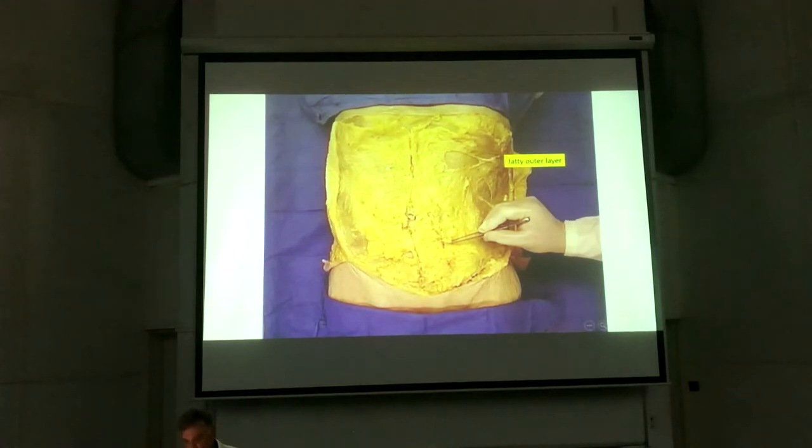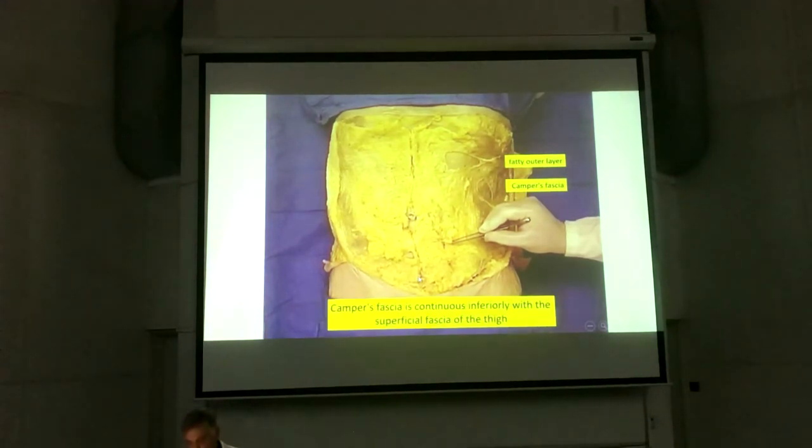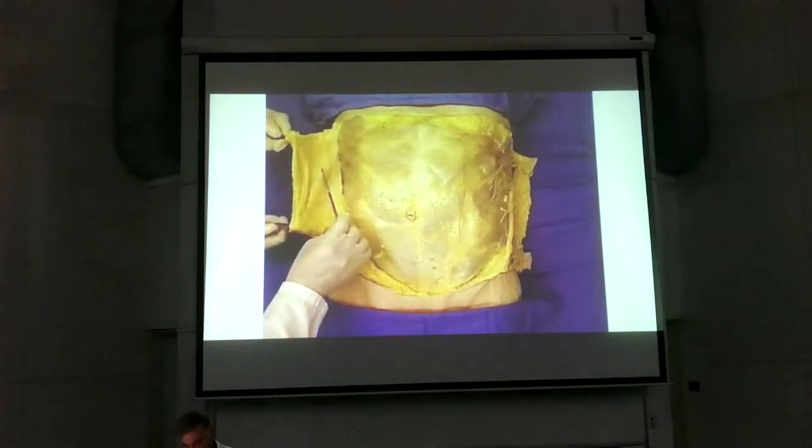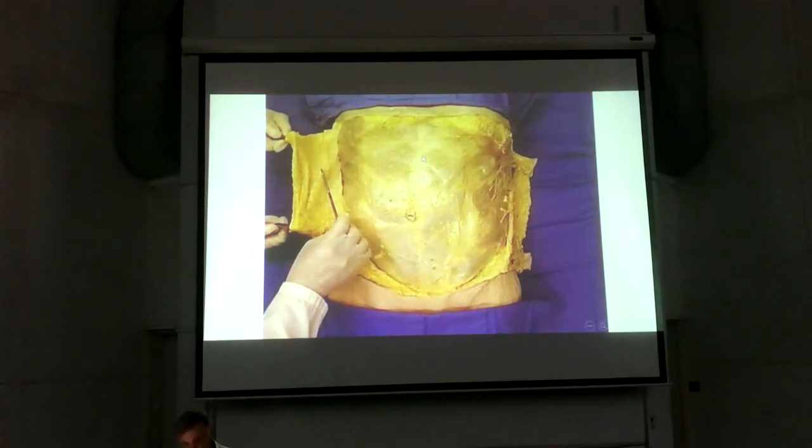In this cadaver, the skin is taken out. This is what you see, the fatty outer layer, Camper's fascia. This fascia is most prominent below the umbilicus, and it's continuous with that of the thigh. If you try to remove this Camper's fascia, you end up with this layer. It is thin, membranous, and glistening.